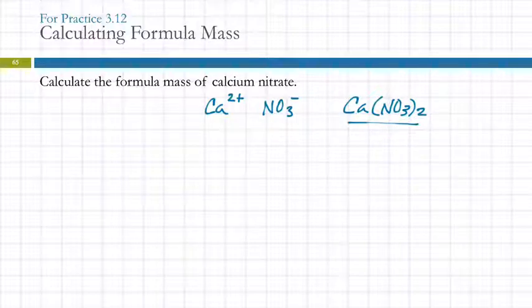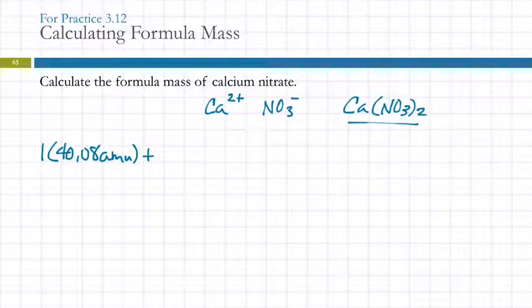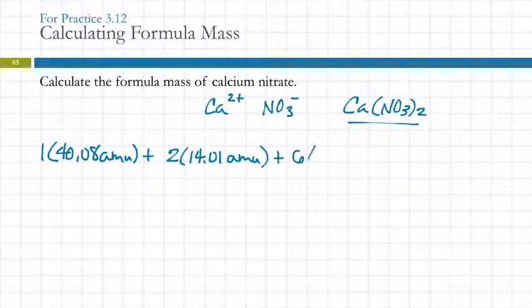Calcium is 40.08. So we have 1 calcium, and it's 40.08 atomic mass units. And there's 2 nitrogens, and each nitrogen weighs 14.01 atomic mass units. And then there are 6 oxygens, and each oxygen on average weighs 16 atomic mass units.